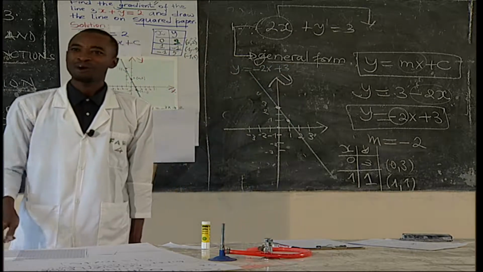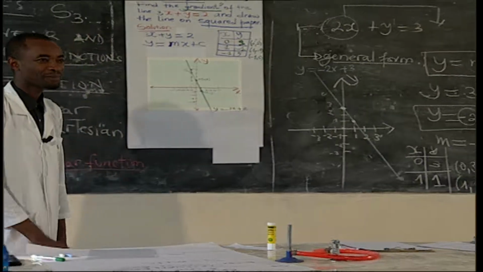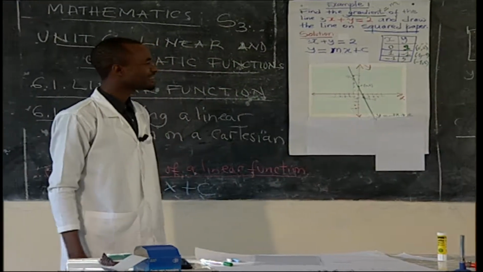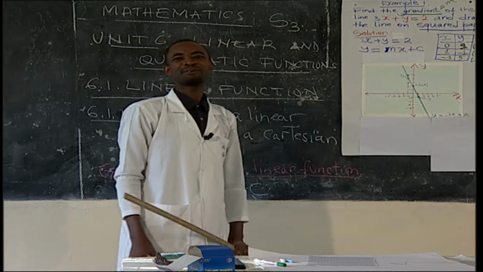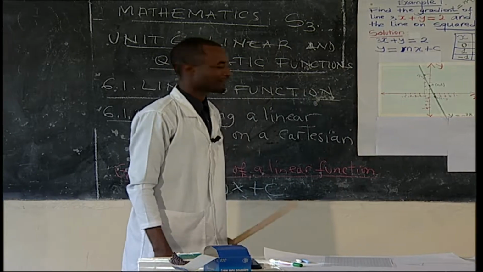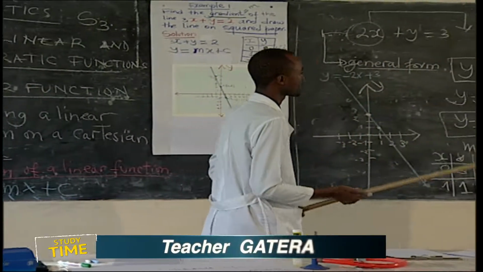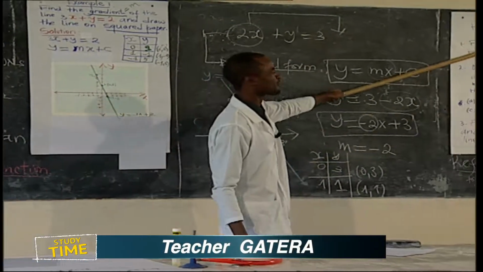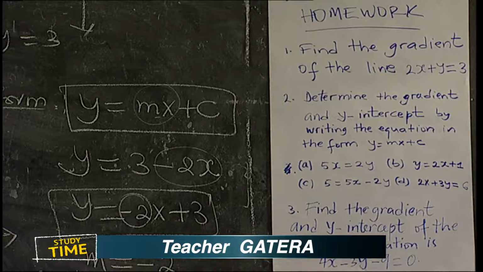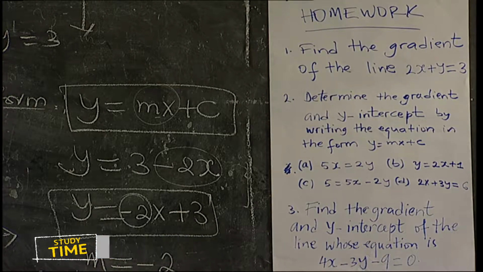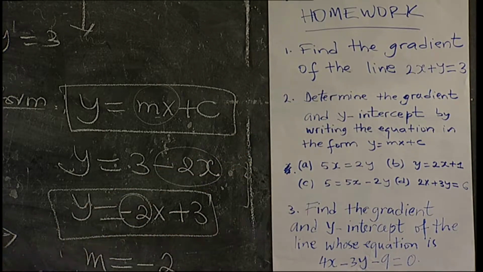Students, I hope you've understood this very well. Have you finished writing the homework? Take your time and write them down. We have already finished question number 1 because I've done it for you, and you also work on the rest.